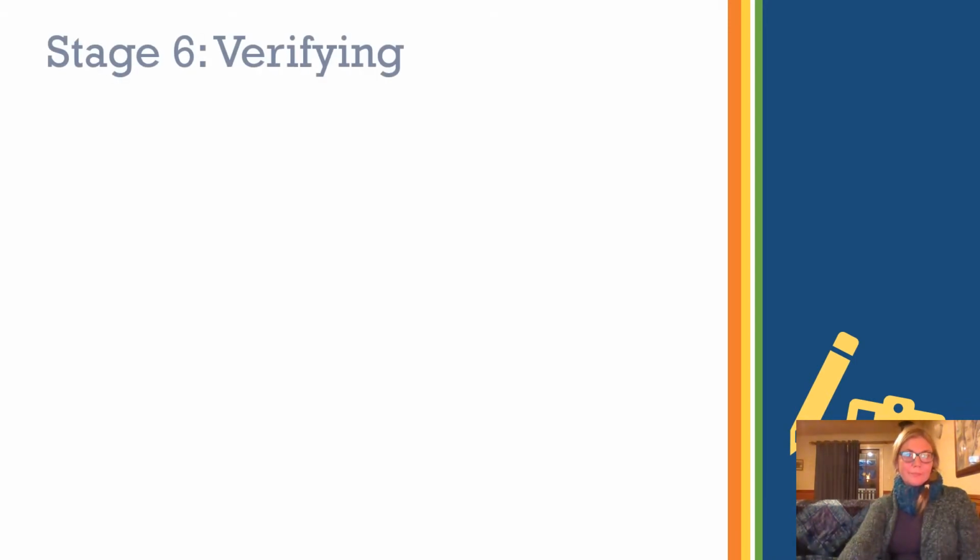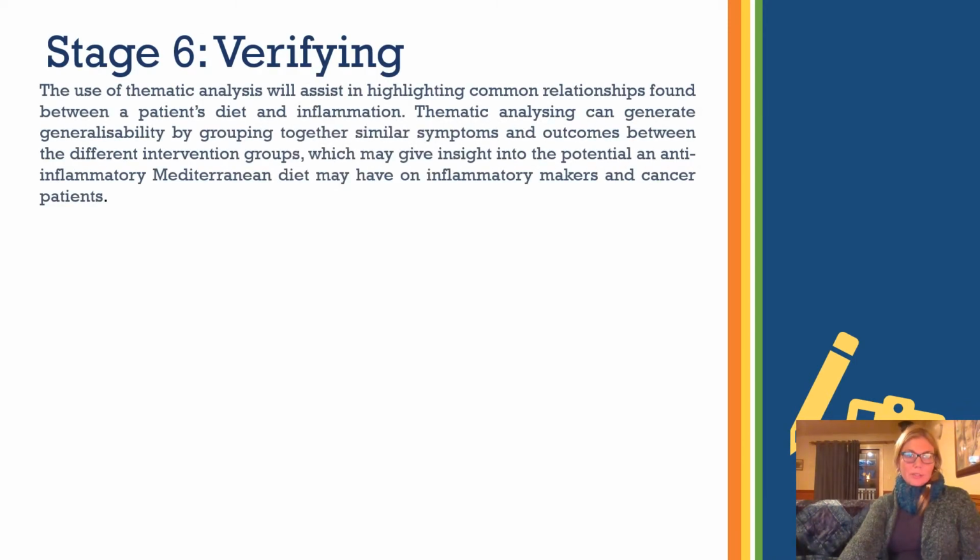So stage 6 is verifying. The use of thematic analysis will assist in highlighting common relationships found between a patient's diet and the inflammation. Thematic analysis can generate generalisability by grouping together similar symptoms and outcomes between the different intervention groups, which may give us the insight that we're looking for.